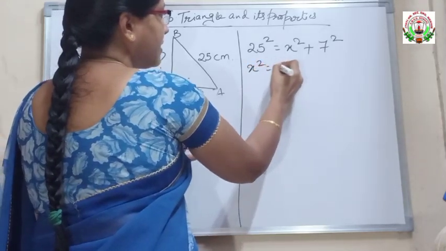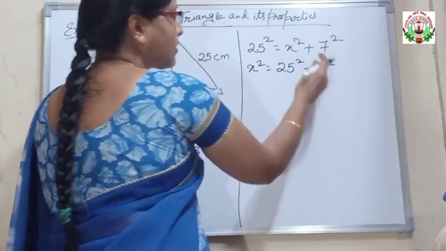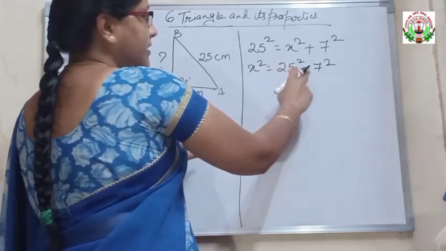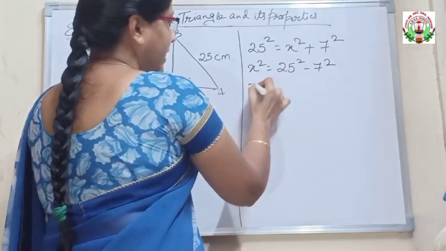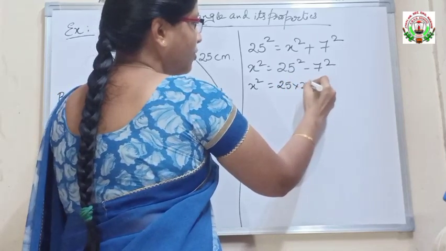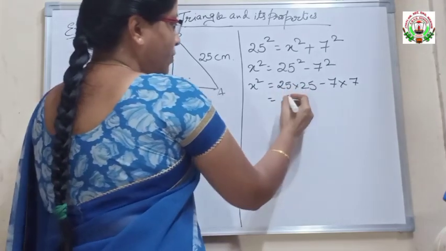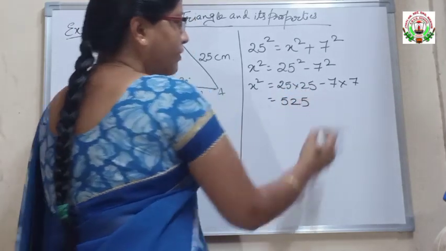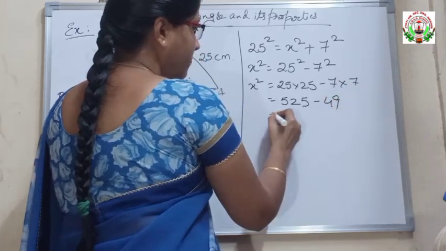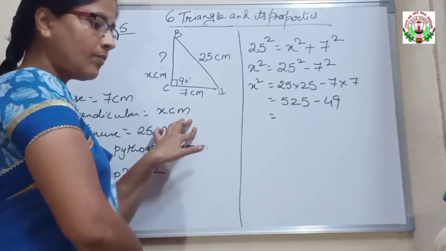So x square is equal to 25 square minus 7 square, that is 25 into 25 minus 7 into 7. 25 into 25 is 625 minus 7 into 7 is 49. So 625 minus 49.